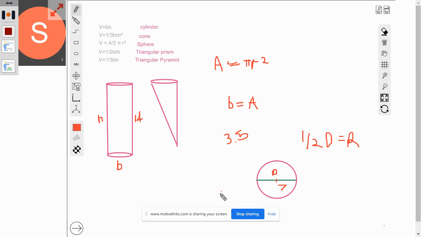Okay. Now that would be 10.99, and we're gonna square 10.99, which would equal 120.78. So this is our current answer.